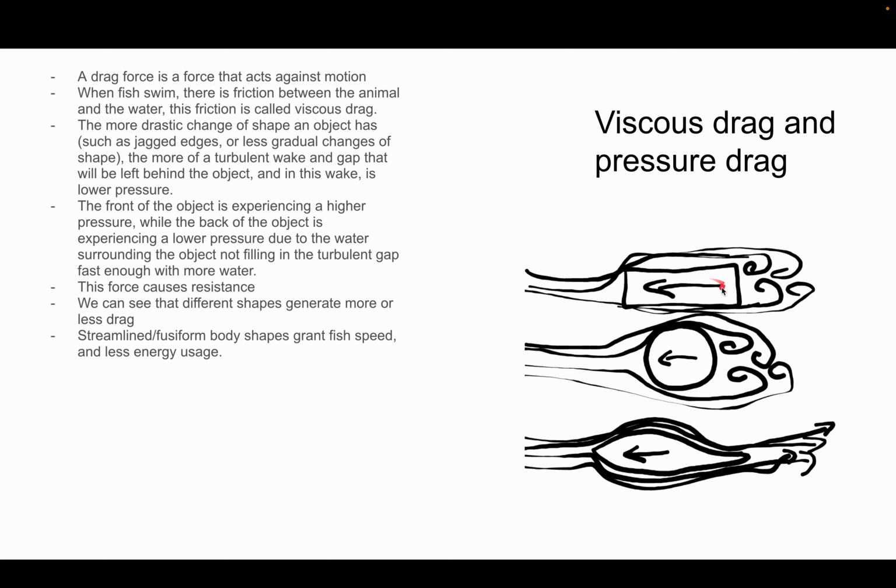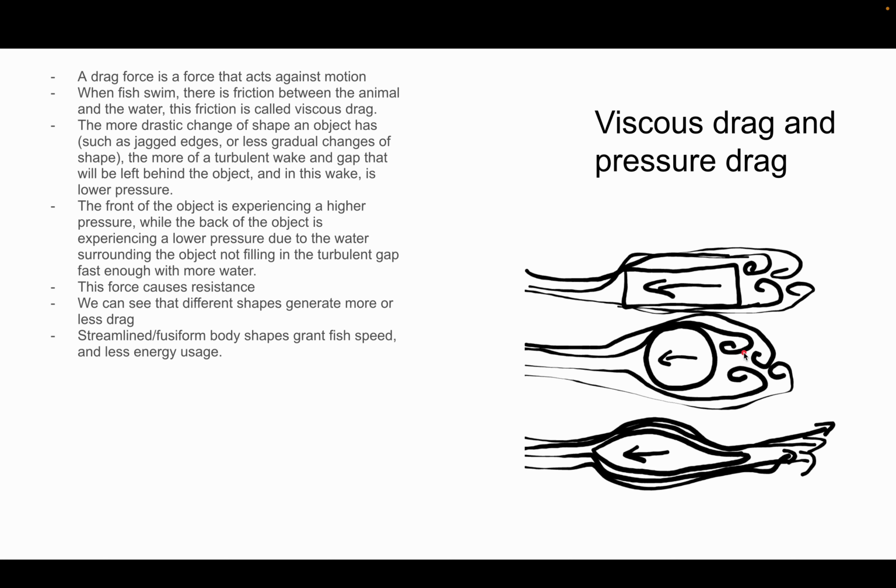We have the rectangle swimming to the left, and we can see that the water is having trouble smoothly going over the rectangle. You can see it's hitting this corner here, and then when it finally does go behind the rectangle, it creates this turbulence, this little gap behind it. You can see the same thing with the sphere.